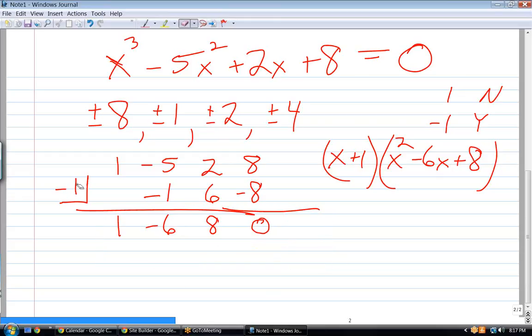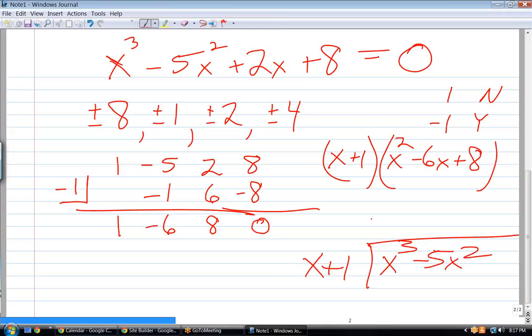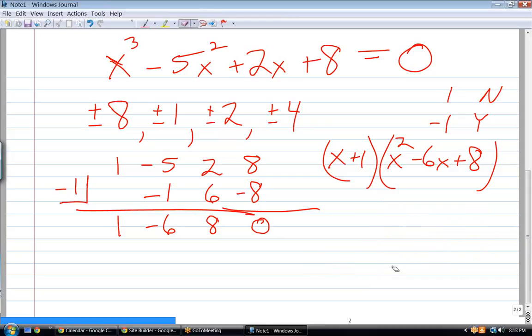In other words, if we take our solution that we found and divide it into the polynomial, we end up with the quadratic that's left. With one solution, we can knock a cubic down to a quadratic. If I wanted to, I could manually divide x plus 1 into this polynomial and I would get x squared minus 6x plus 8.